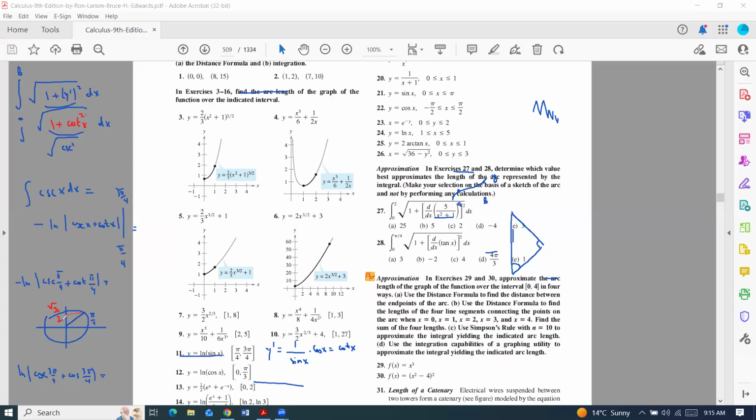So 1 over sine, if you flip it, would be 2 over square root of 2, right? Because cosecant is the reciprocal. So what about cotangent? Well, for cotangent, I use tangent because it's 1 over tangent. So with pi over 4, tangent is 1, right?